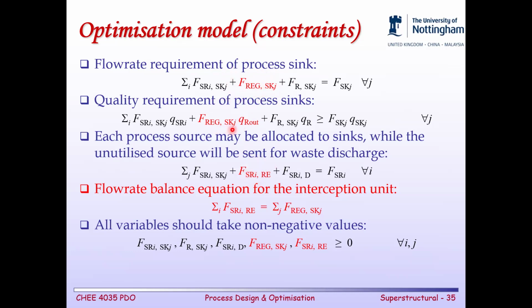So it's the same as before, we only added this one, and also a flow rate balance for this one is new, a flow rate balance for the interception unit. And also this one, all variables should be non-negative.